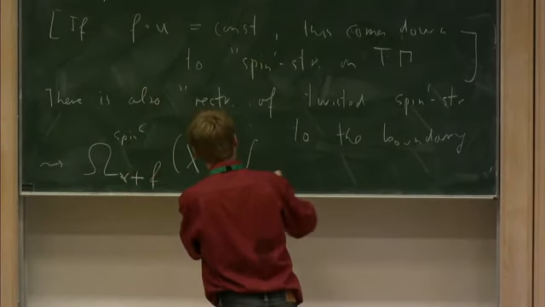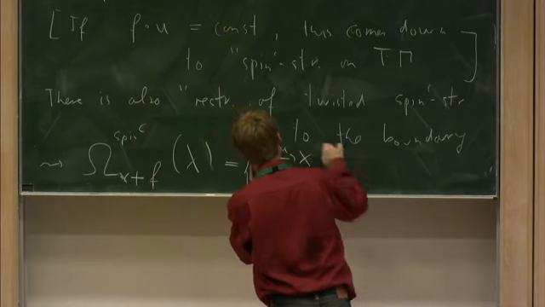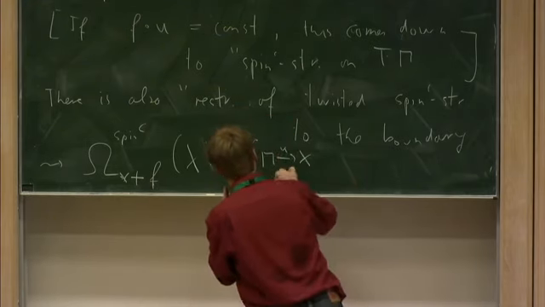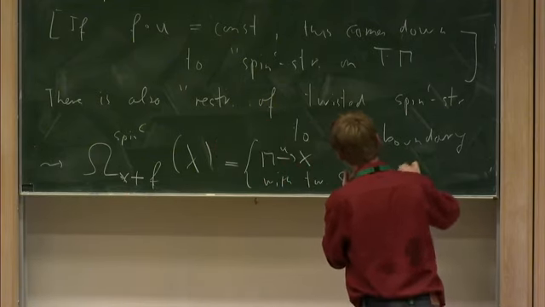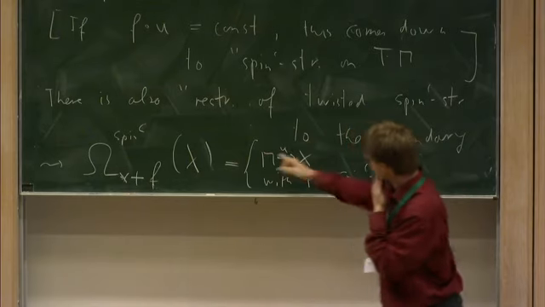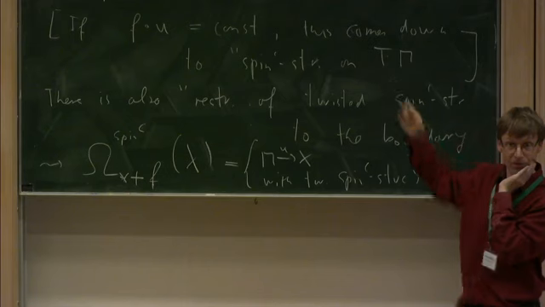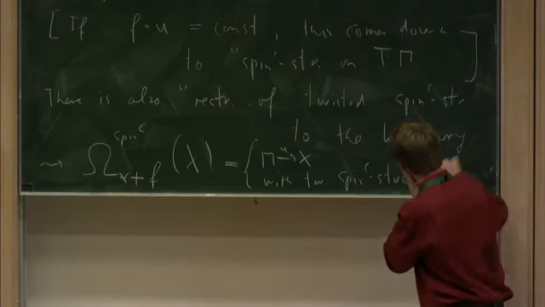So twisted spin C structures, manifolds with map to X with twisted spin C structures, in the sense just described, modulo Bordism.